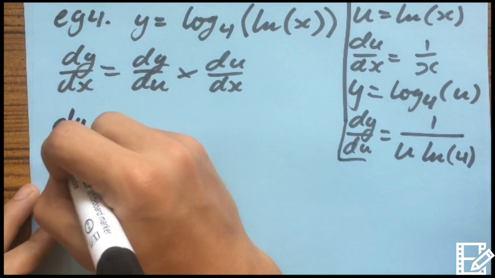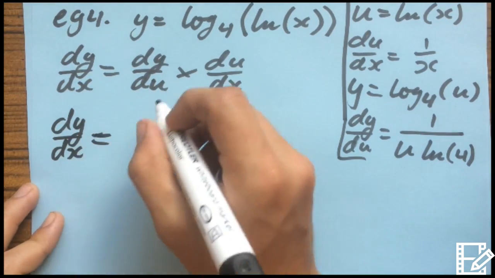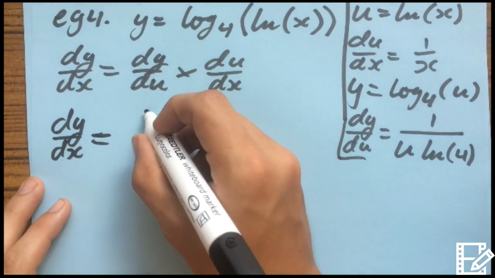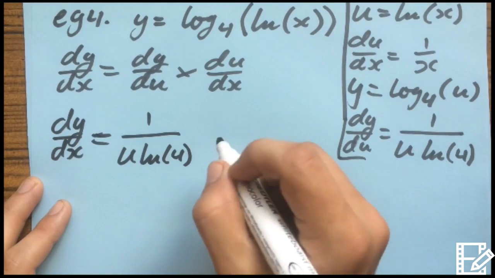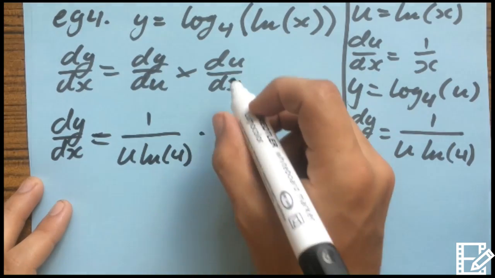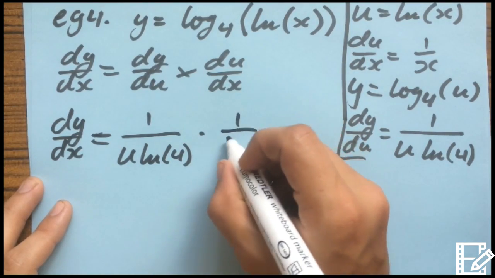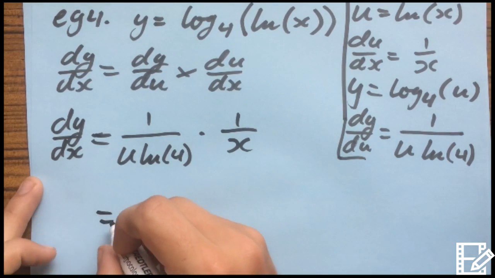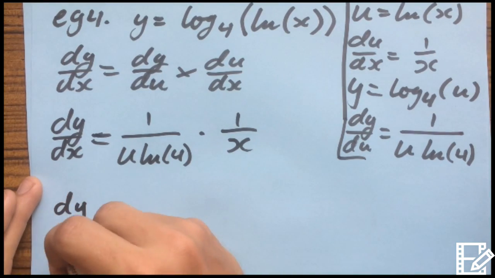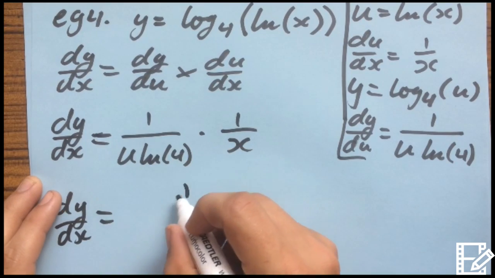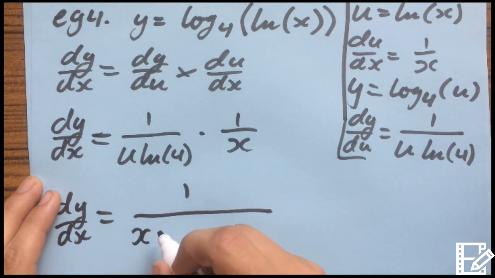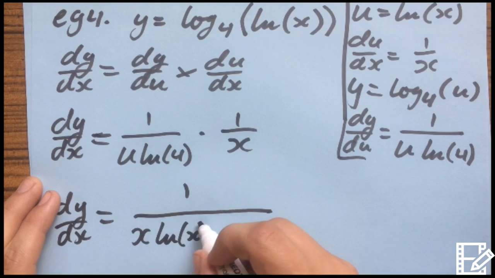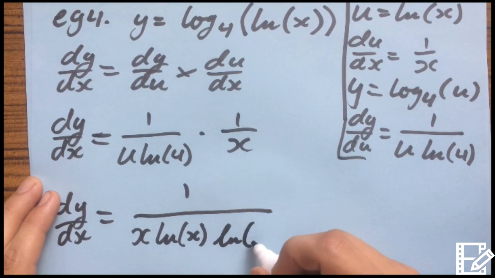Filling that in, we get the derivative of y with respect to u, 1 over u ln 4, multiplied by the derivative of u with respect to x, 1 on x. What we end up with is, 1 over u being ln x, we have x ln x ln 4.